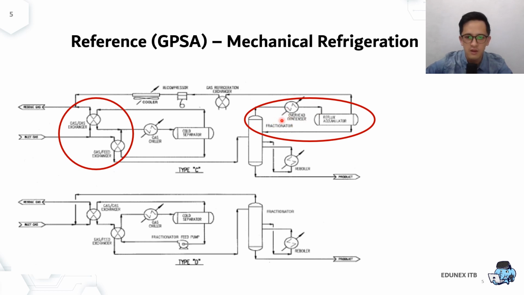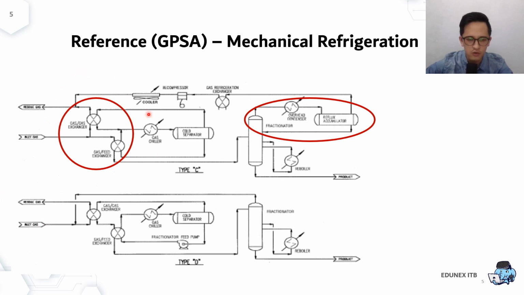We have a condenser, we have a reflux accumulator, and you can see that the liquid will be sent completely back to the column. It is called a full reflux configuration. So it's a partial condensation, but all of the liquid will be sent back to the column. That's why it's called full reflux, while the gas will be sent to the recompressor to the residue gas stream to be sold.